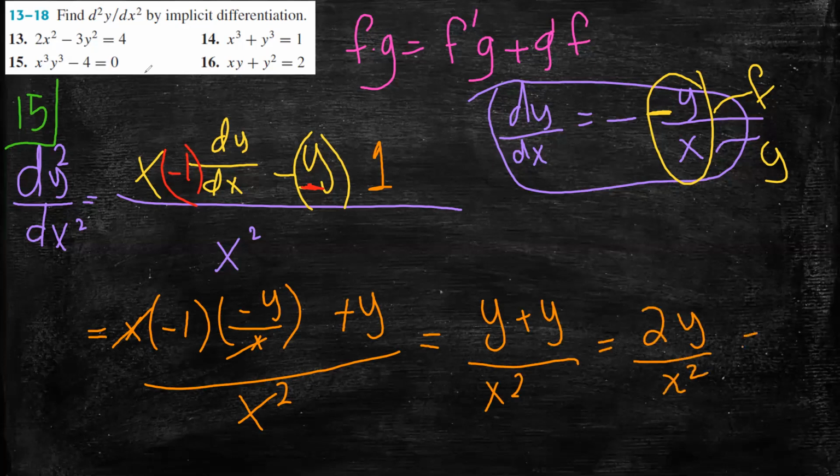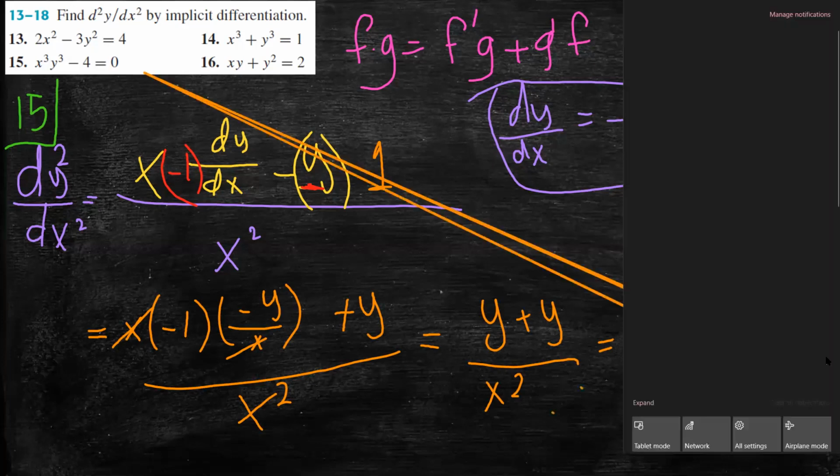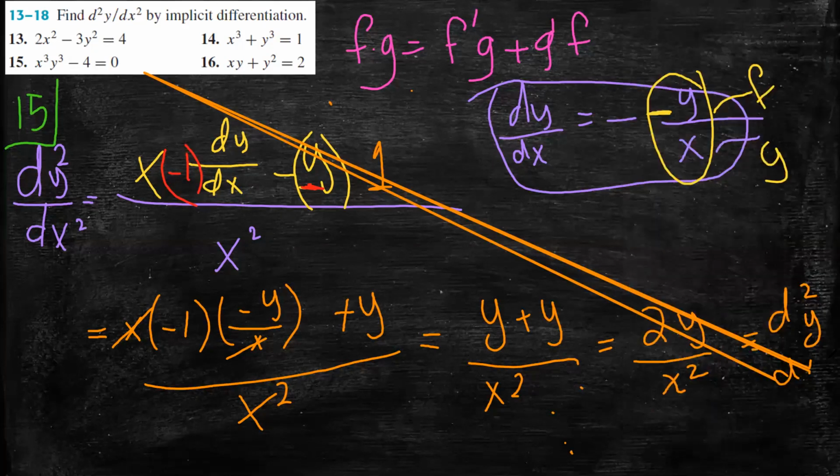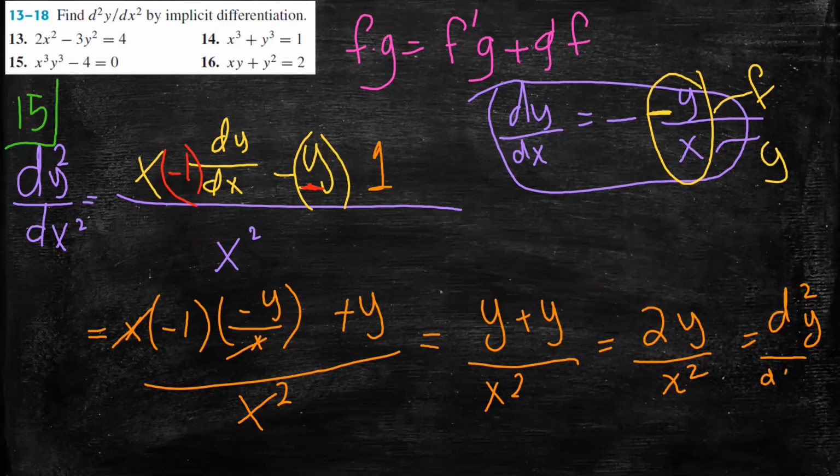This will be now the second derivative. It is 2y over x squared. Is it clear? Yes, teacher.